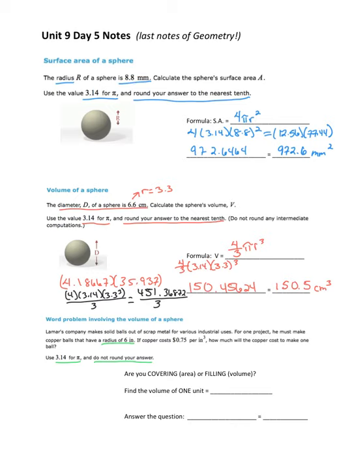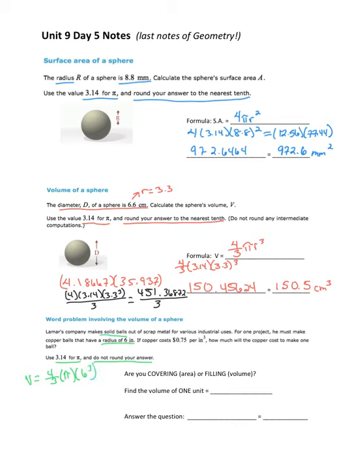Alrighty, so we have to find, first of all, they're making solid balls. So we know we need volume. The volume of 1 copper ball. So V equals 4 over 3 times pi times 6 cubed.